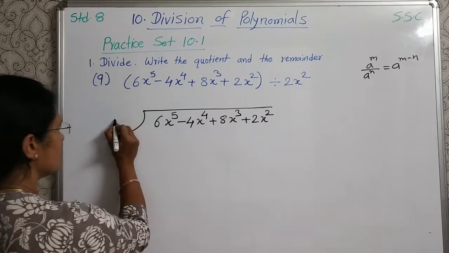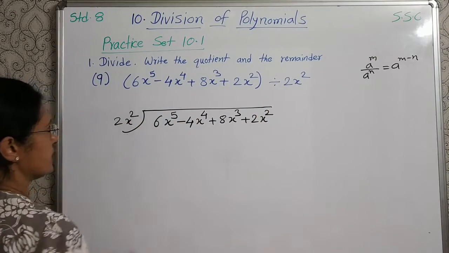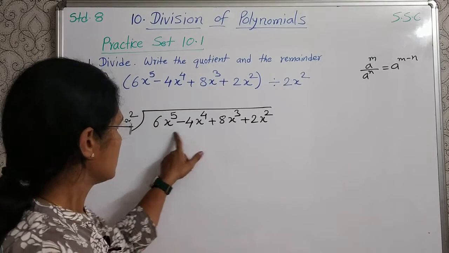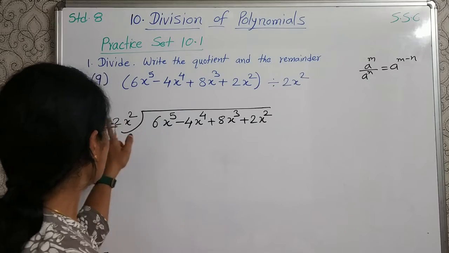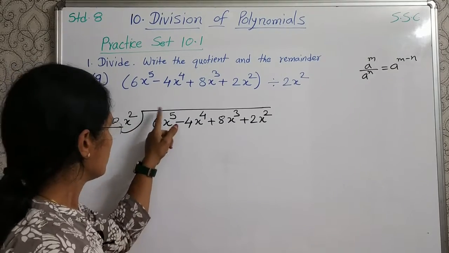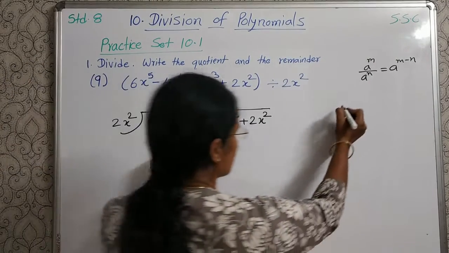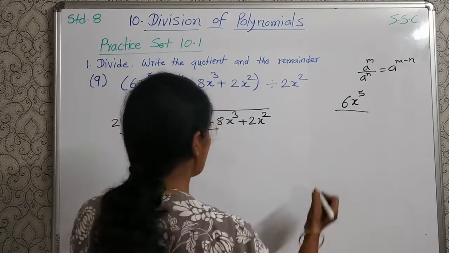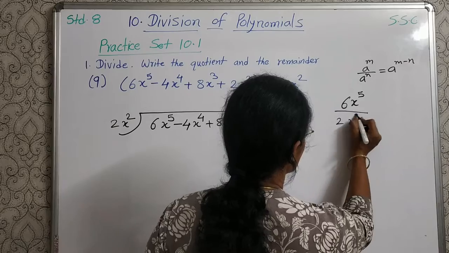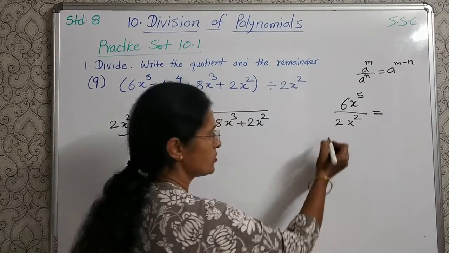Divide it by 2x square. Now this is a polynomial with 4 terms divided by a monomial. Now take the first term 6x raised to 5 and divide it by 2x square. Let us solve.